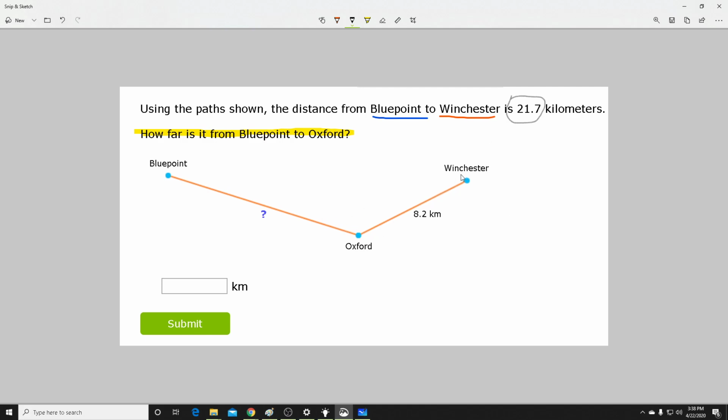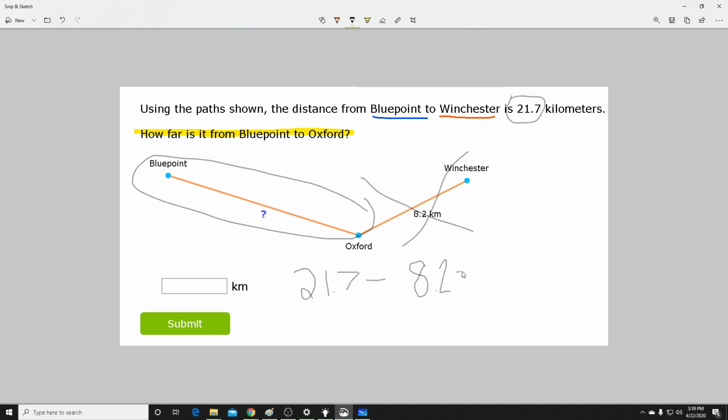So we can take the total distance, 21.7, and subtract this 8.2 away. We take that away, and that leaves us with this here left over. So that gives us 21.7 minus 8.2. We need to find out what that's equal to.